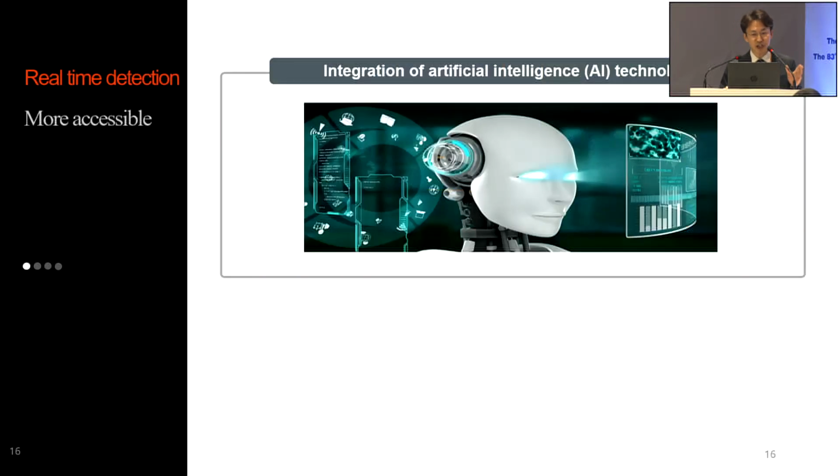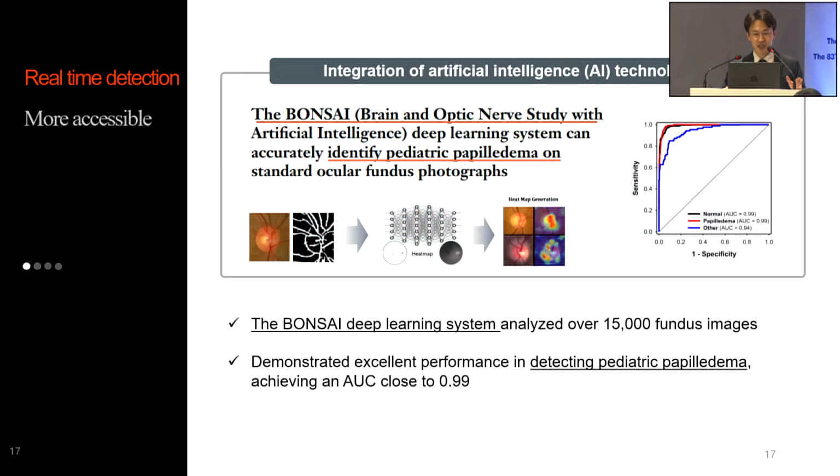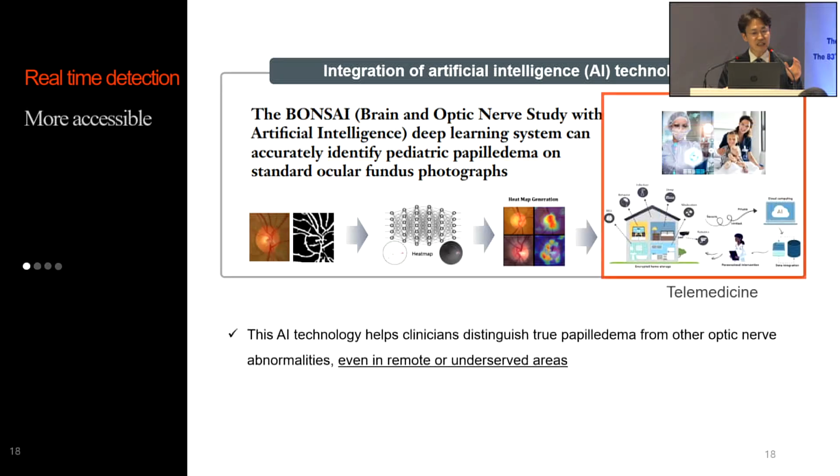With the integration of AI technology, real-time detection of diseases has become more accessible. The BONSAI deep learning system analyzed over 15,000 fundus images and demonstrated excellent performance in detecting pediatric papilledema, achieving an AUC close to 0.99. This technology helps clinicians distinguish true papilledema from normal or abnormal optic nerve, even in remote or underserved areas.